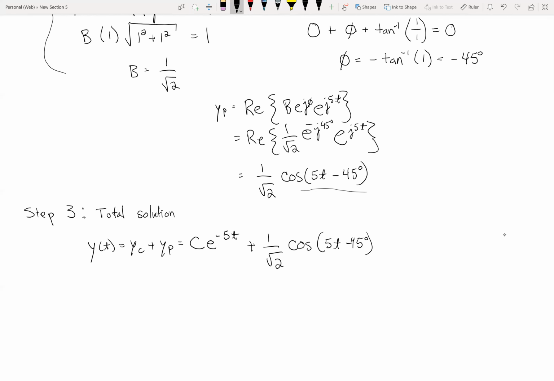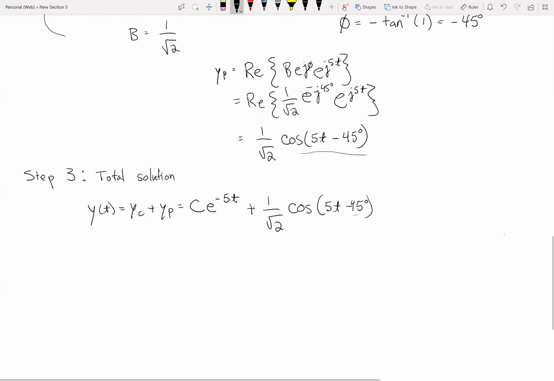Before I go too far, one thing I want to point out: a transient, we said, always goes away, right? And we see that. It vanishes as t advances. c e to the negative 5t is going to disappear, and I'm going to be left with a pure cosine waveform. And that cosine waveform, I notice, is shifted by 45 degrees from the original input, which was cosine 5t. Okay, so I need to figure out what c is.